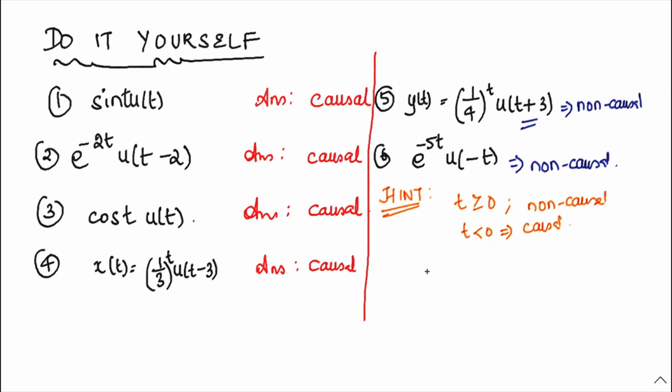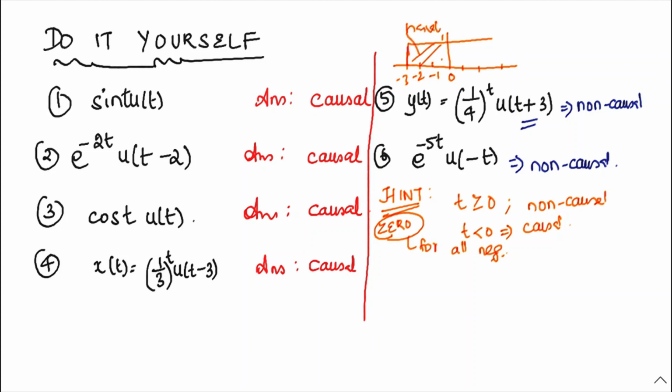So it has a shift towards the negative side. For negative times, we can say it is having the value of t plus 3, t plus 2, something like that. And minus t also gives a non-causal signal. So this is how the non-causal signals are identified.